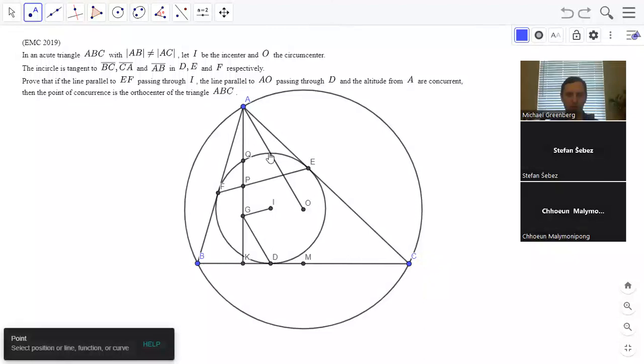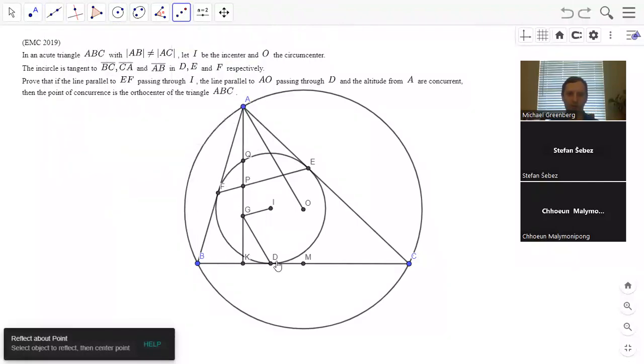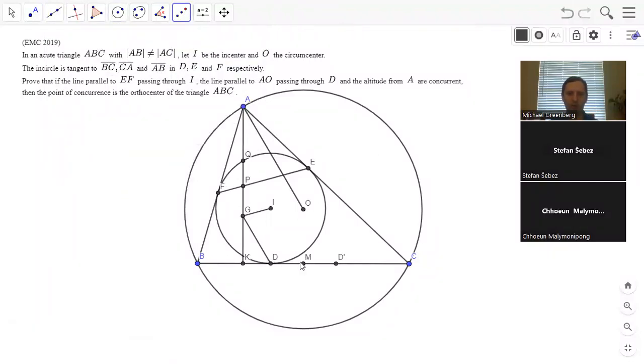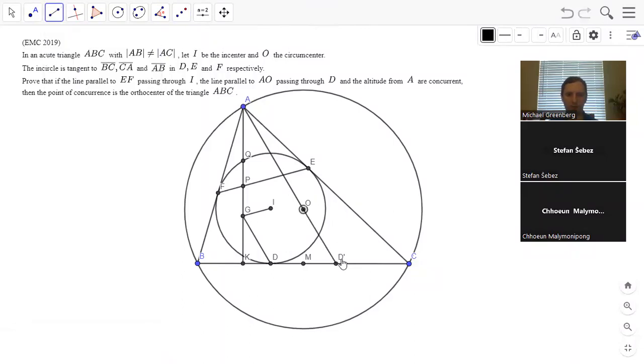So it looks like in this particular situation, AO and D prime are collinear. I haven't proven any of this stuff, but it looks like it would be true.